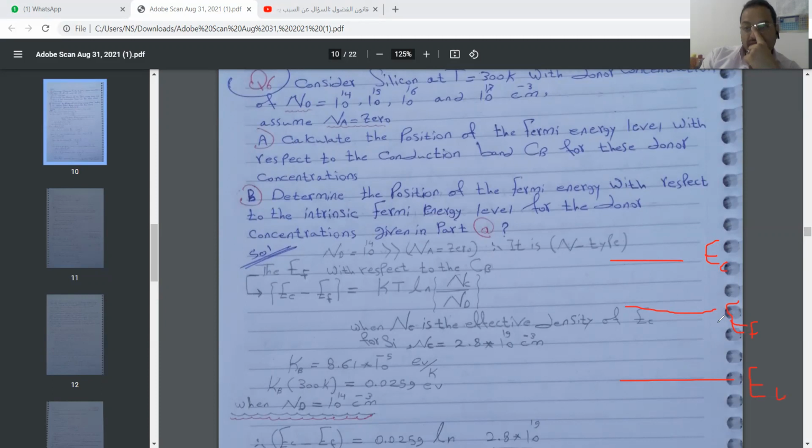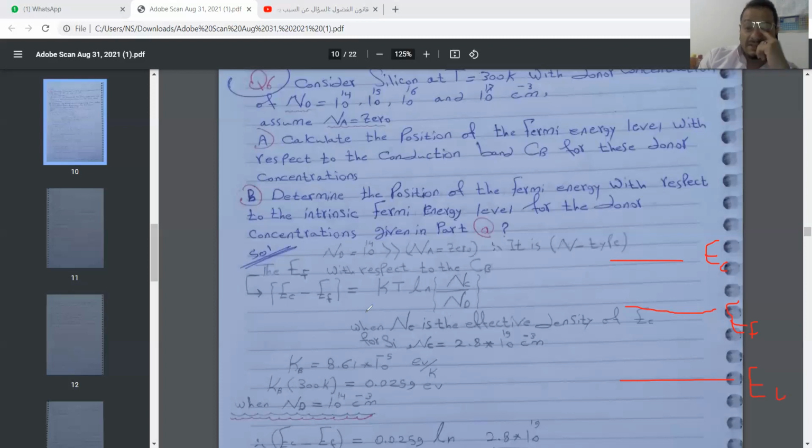Like I said before in the last lecture, we will deal with the upper one, and the upper one here is the conduction band, minus the other element below, like EF, the Fermi energy level. Because of that we write EC minus EF, not EF minus the conduction band, okay?